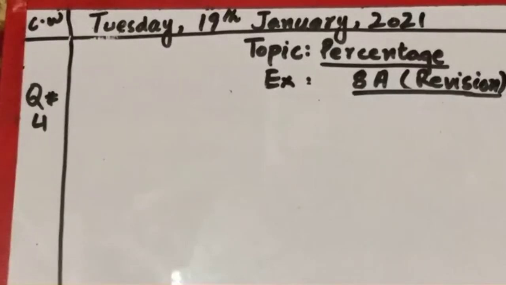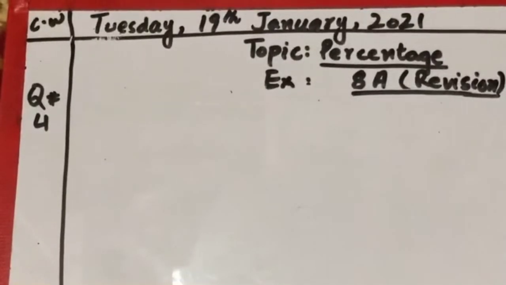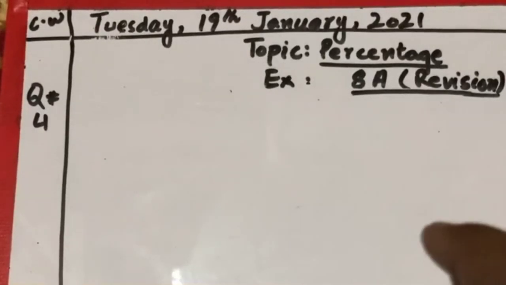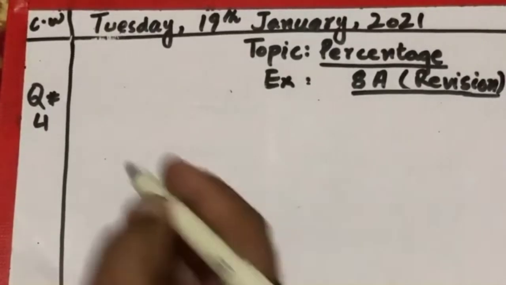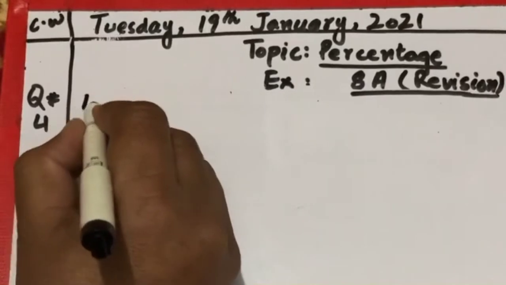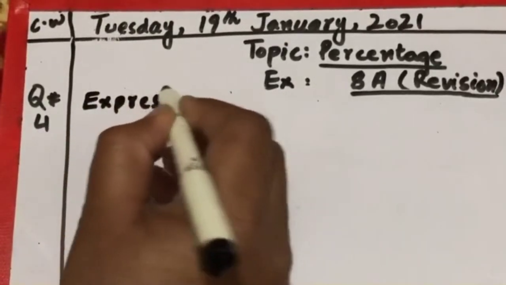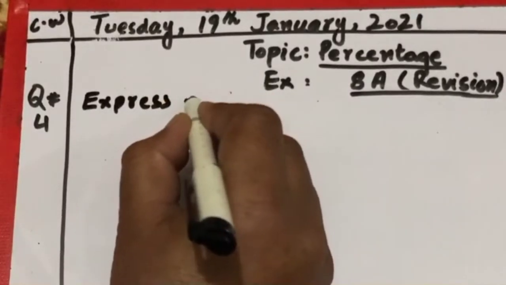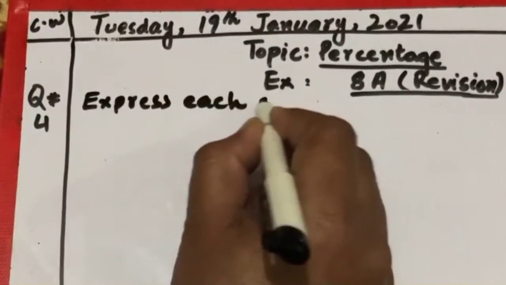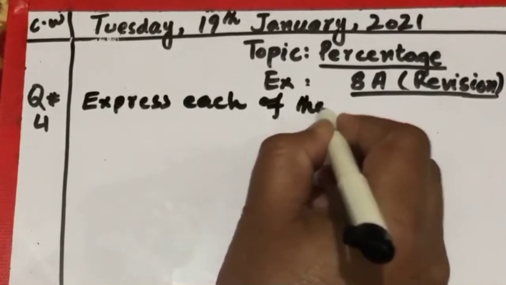Now we are going to solve question number 4 of exercise 8A. The statement of question number 4 is: express each of the following decimals as a percentage.